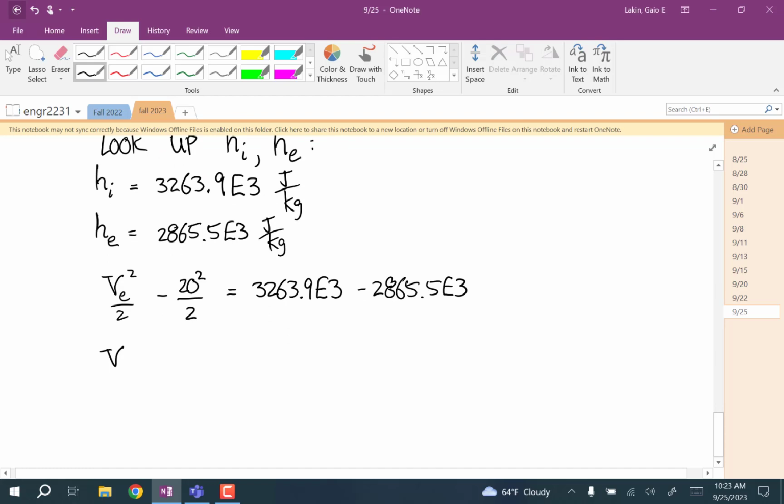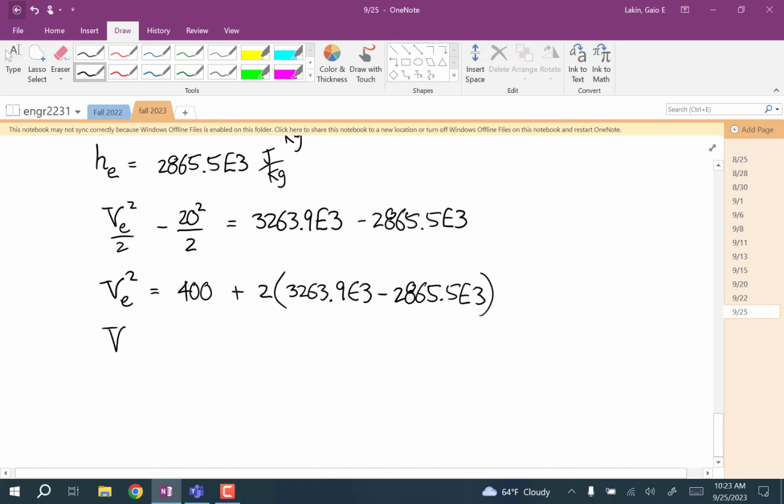And so VE squared is equal to 400 plus 2 times the quantity 3263.9 times 10 to the third minus 2865.5 times 10 to the third.